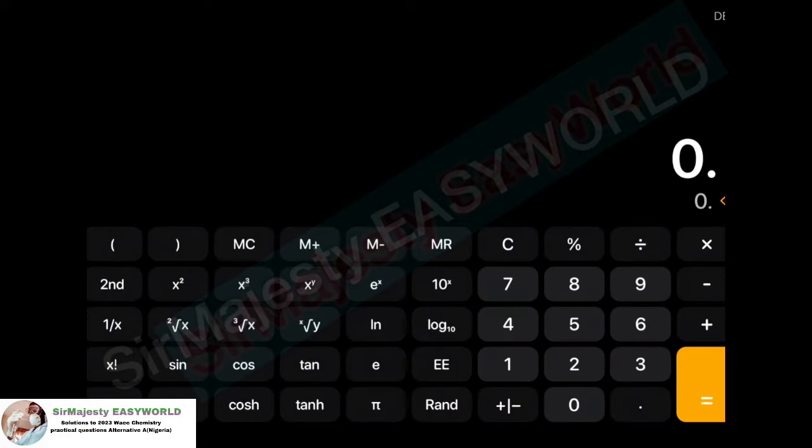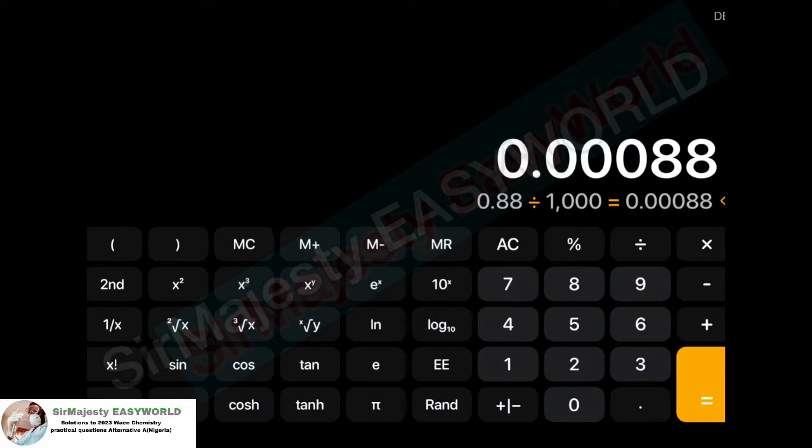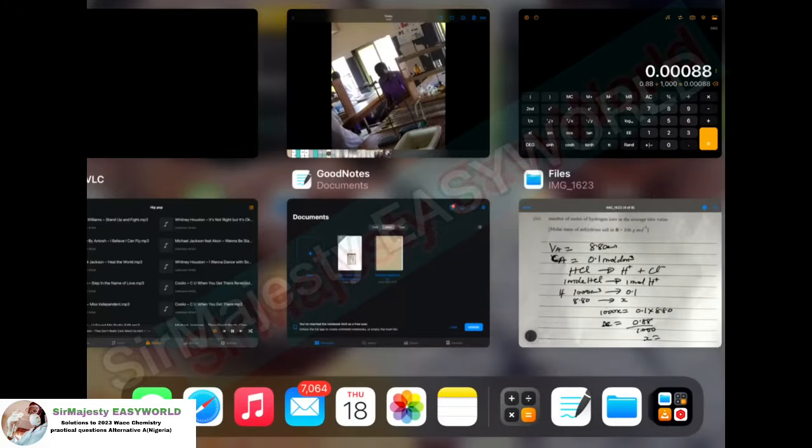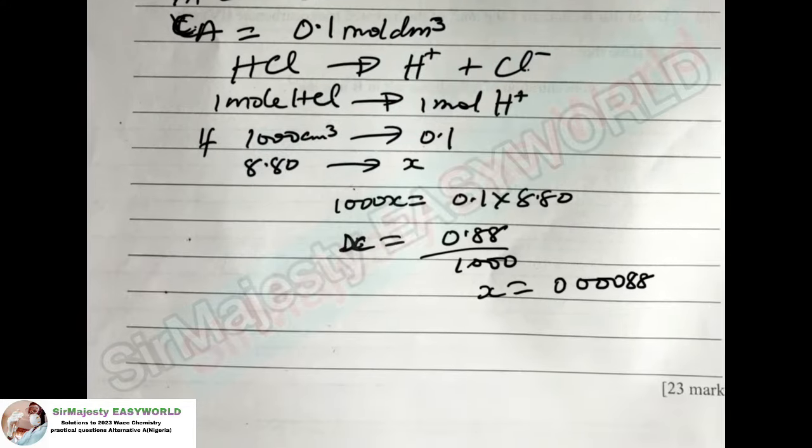So 0.88 divided by 1000 is equal to 0.00088, which gives us 0.0088, and that is the number of moles of HCl.